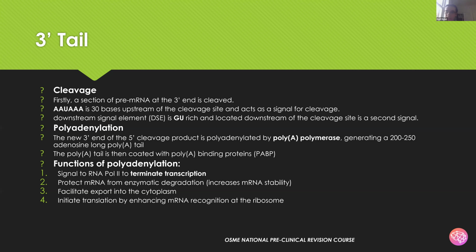So first, a section of pre-mRNA at the 3' end is cleaved. The new 3' end of the 5' cleavage product is polyadenylated by an enzyme called poly-A polymerase, or PAP, which adds between 200 and 250 adenosines in the form of a poly-A tail. And then this is covered by poly-A binding proteins.